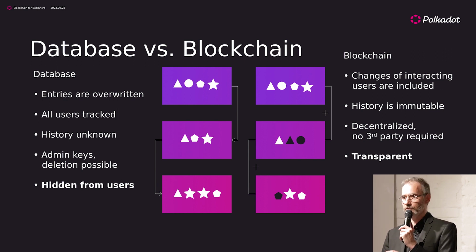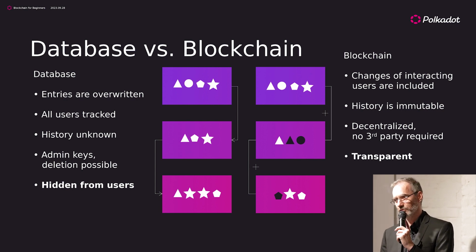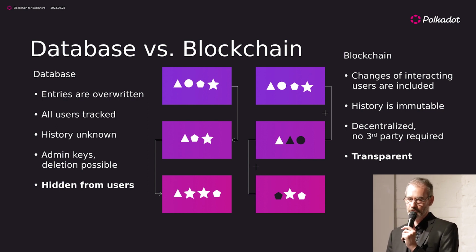In a big database, like all the users of Facebook, you always have all the data in one central place. Often the history is not tracked and unknown, so changes just override and we don't know what happened before. Often there's an admin who can do whatever he wants with the database, also delete it, change the data or extract data. Generally we can say it's completely hidden from its users, so we don't know what is tracked.